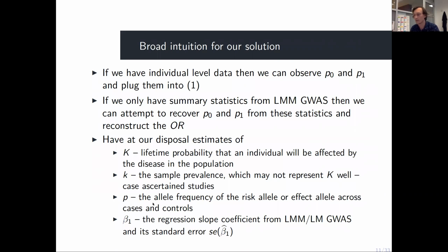And you have the allele frequency of the risk allele or effect allele across cases and controls. And we have the regression slope coefficient from the linear mixed model or the linear model and its standard error. You may have some of these, not all of these, and we provide a variety of transformations depending on whether you do or don't have some of these components in the summary statistics spectrum.